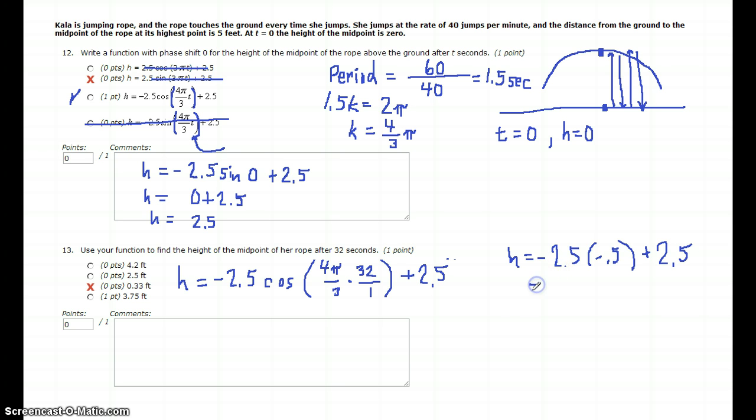It gives you 1.25 plus 2.5, which is equal to 3.75. And that's this answer right here. Okay? Hope this video was helpful in explaining these questions that can be kind of tricky at times.